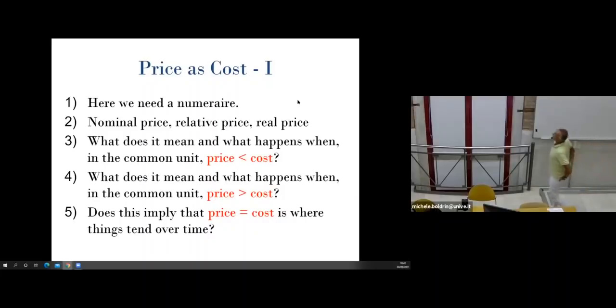So in order to talk about that, we need a numeraire. Why? Because we have to start comparing the cost of this and the cost of that, the price of this, the price of that. A numeraire is nothing but a unit of measure. I assume most of you are doing courses in economics, so you already know what it is. Okay?